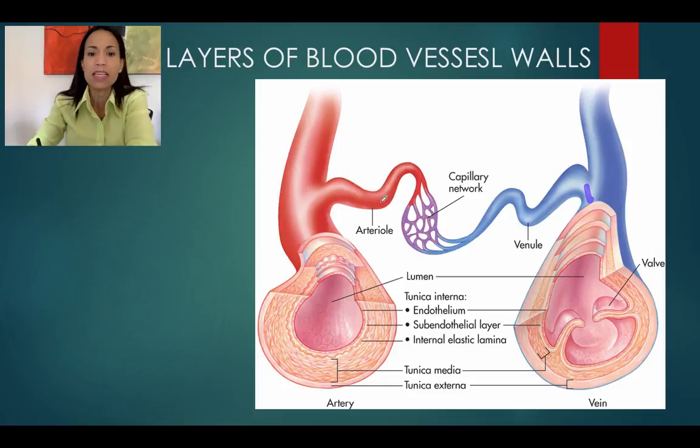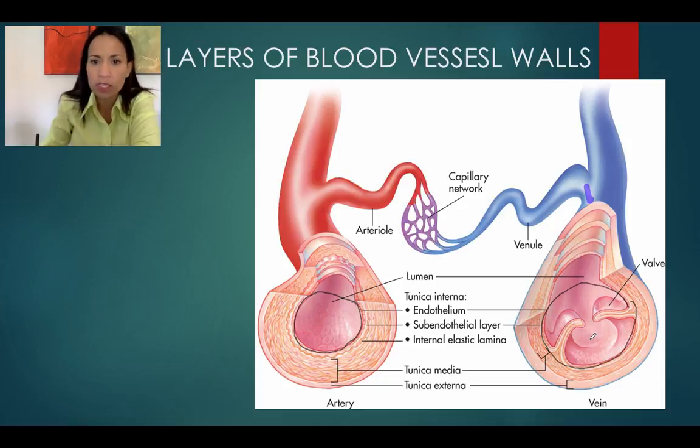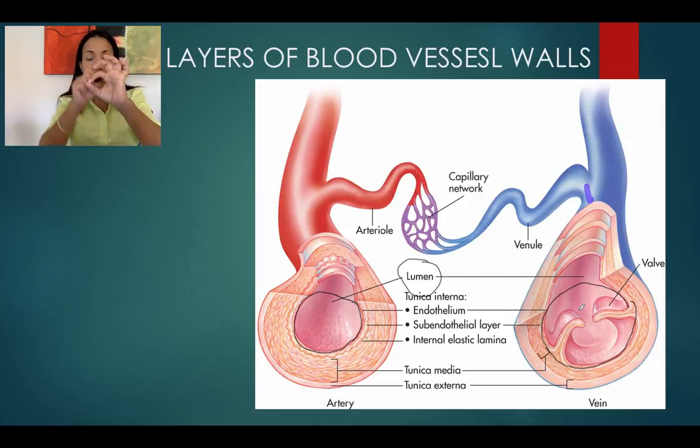Now, all of this space in between, the inner opening, we call the lumen of the artery, lumen of the vein. That's the opening where the blood is flowing, okay?